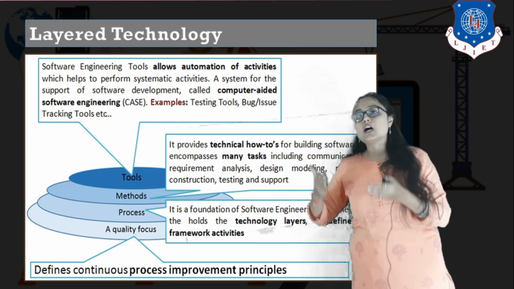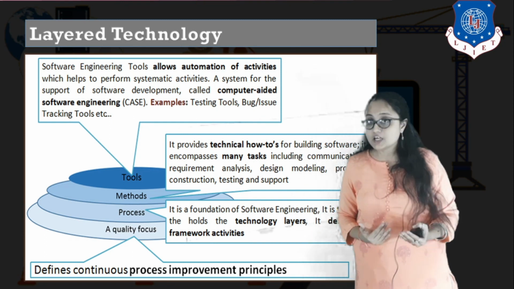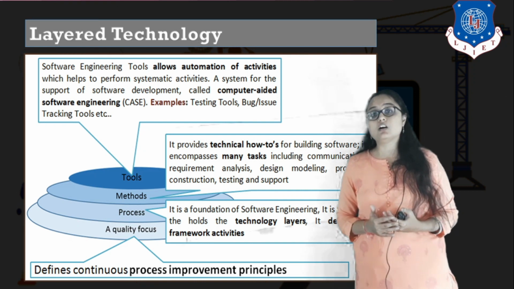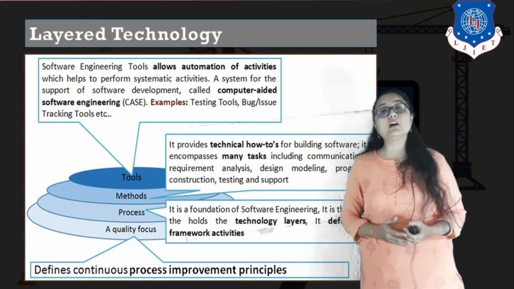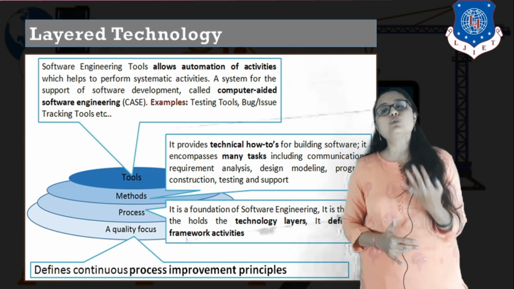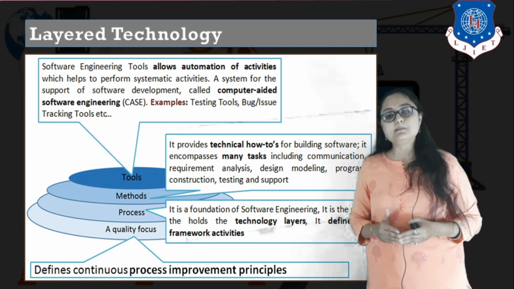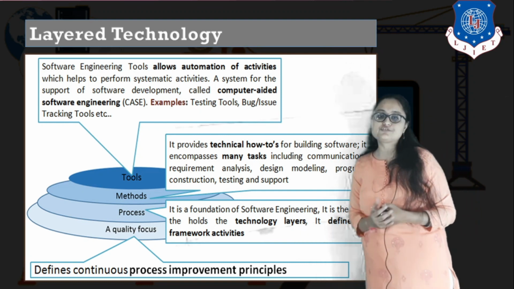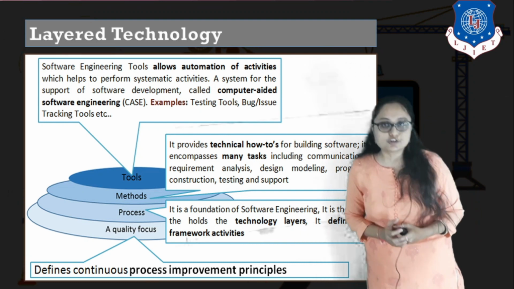These are the standards that you apply in your software or in your company, and you are maintaining the quality. Also, you are trying to improve the quality, and that is the base of software engineering, the first layer.